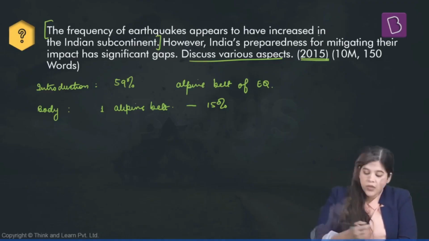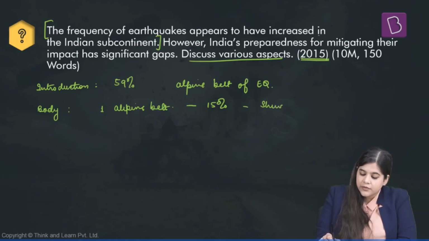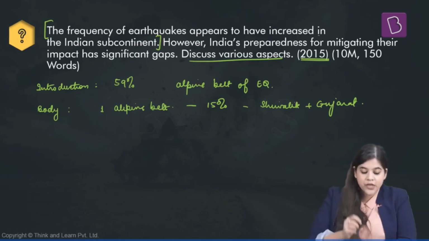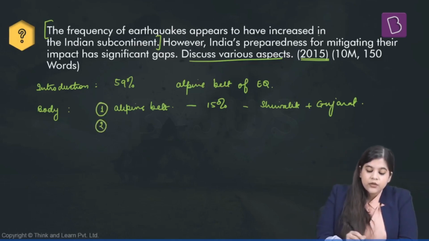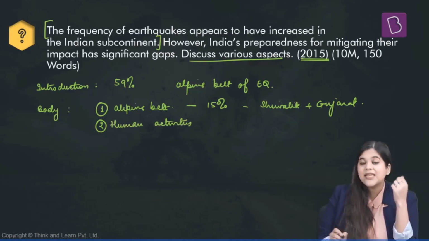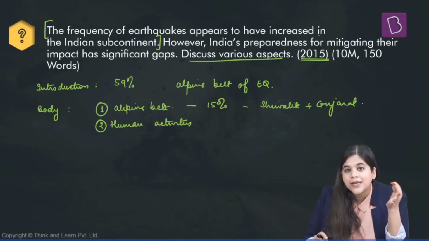Second, the Shivalik area plus the Gujarat Kutch area, they are on the active boundaries. Secondly, the human activities in these regions have also increased.